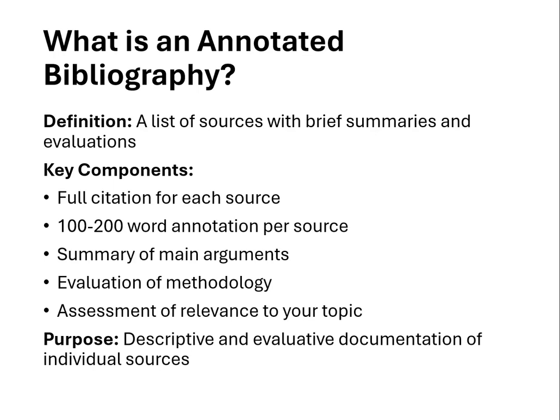The key components are a full citation for each source, for example in APA style, the type you would see in the references. Then a 100 to 200 word annotation per source: the summary of main arguments, evaluation of methodology, and assessment of relevance to your topic.